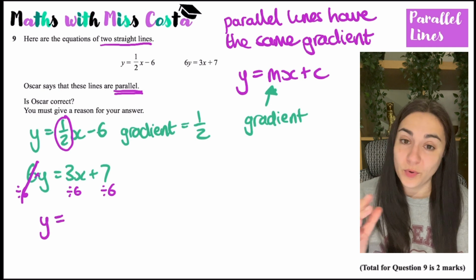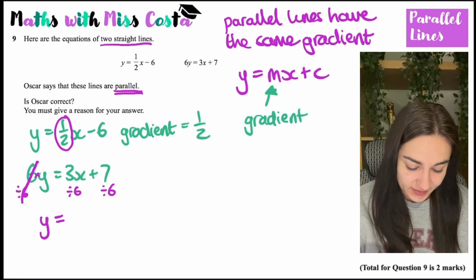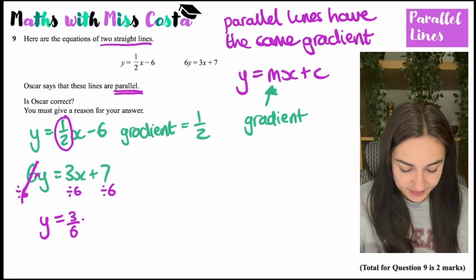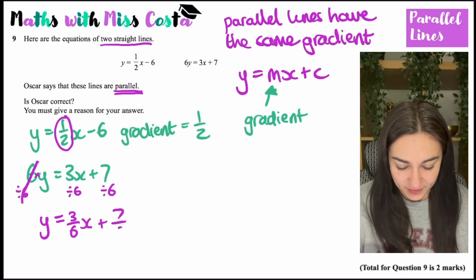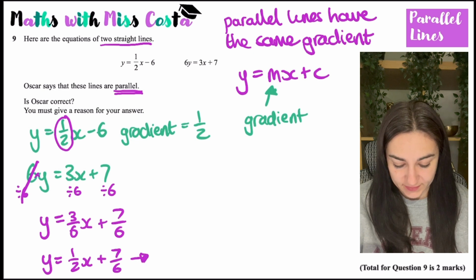And whatever I do to one side of the equation, I need to do to each part of the other side of the equation. So 3 divided by 6 would give me 3 over 6 plus 7 over 6. I can simplify 3 over 6 to a half. So I'd be left with the equation of the second line.